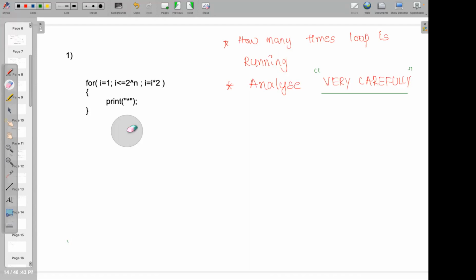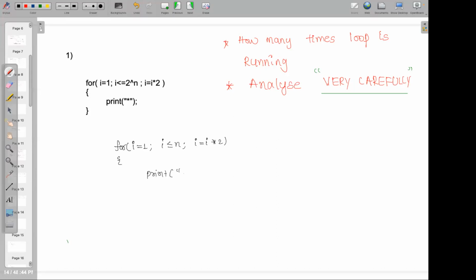Okay, simple. See, what is the template that we had? The template that we had is, let's say, for i equal to 1, i less than or equal to n, i equal to i into 2. If the code is like this, maybe inside some order of one statement is there.